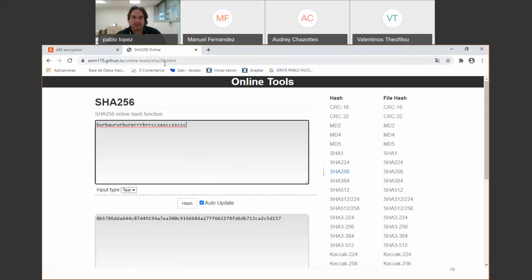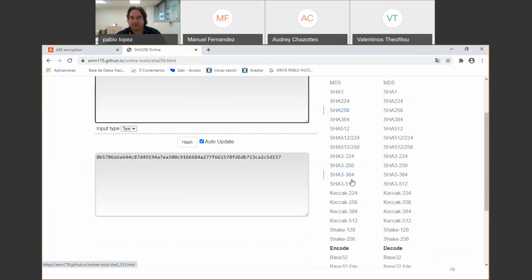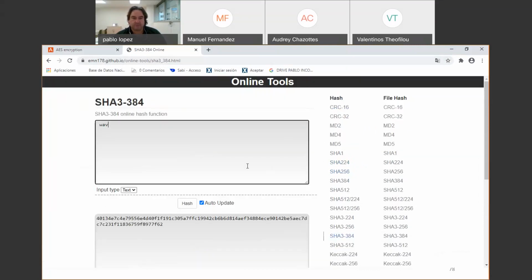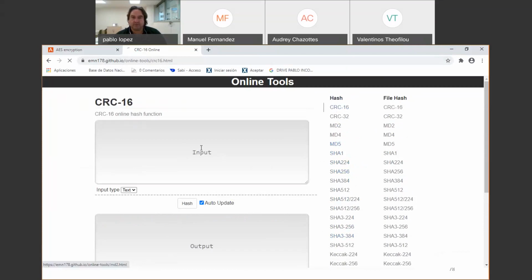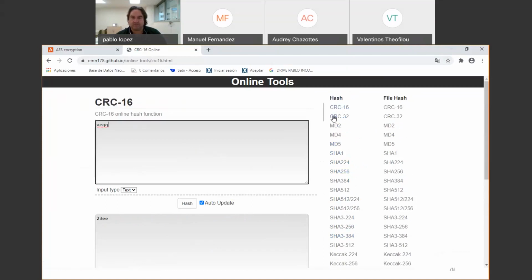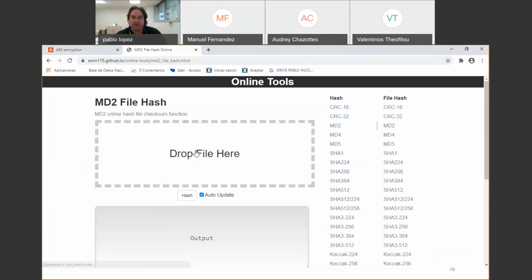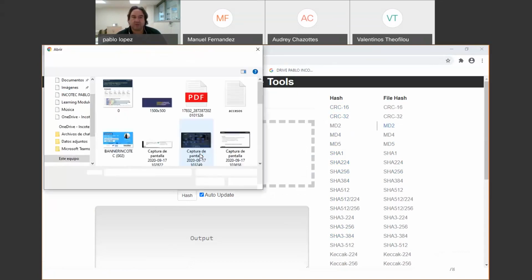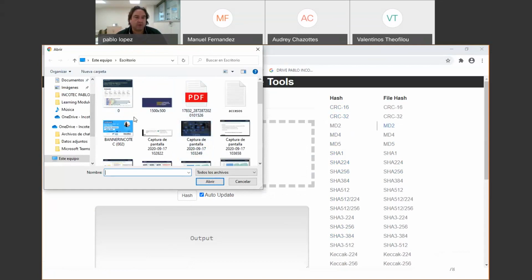We are now playing with the algorithm 256, and we can play with another one, and we'll see that they are different lengths. 16 bits, from the most simple. We can also hash files as easily as we have here.